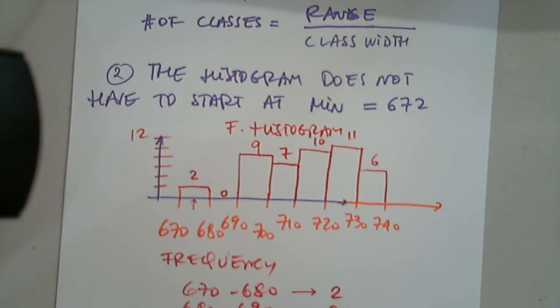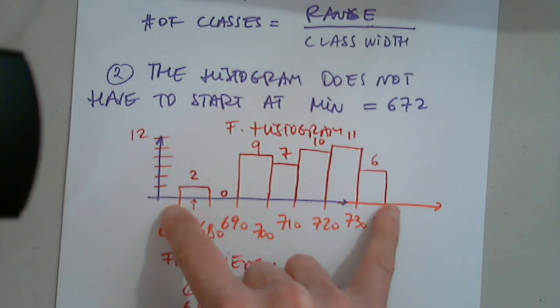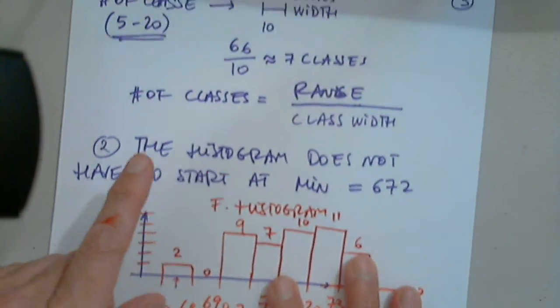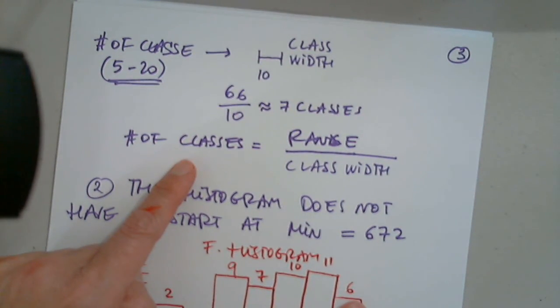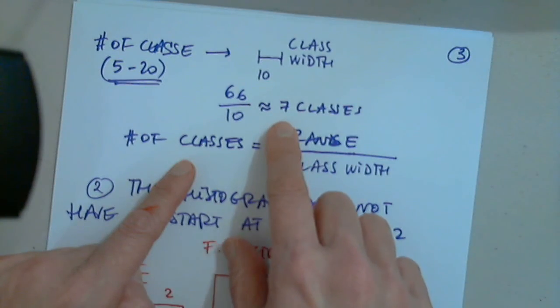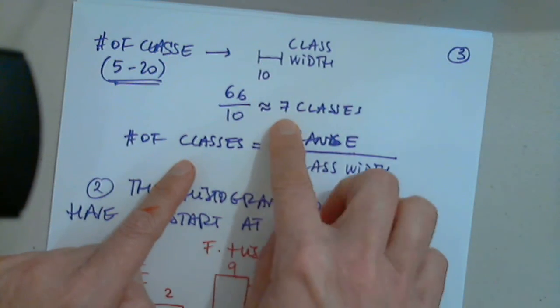I wouldn't make a conclusion just yet. I would say, well, maybe we have to look at more data than just 45 to draw a conclusion. Maybe I have to change the number of classes. Maybe if I have 5 classes, or maybe I should look at 10 classes.